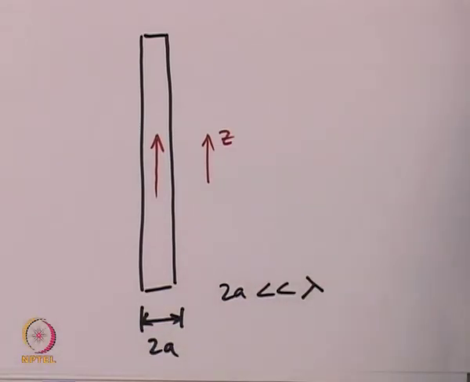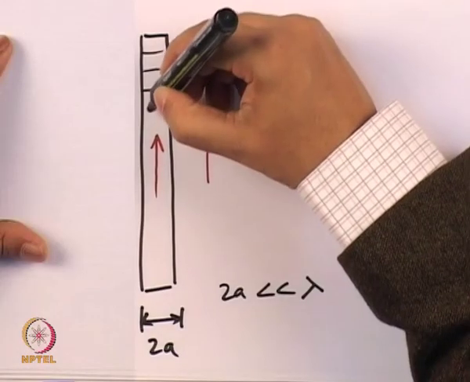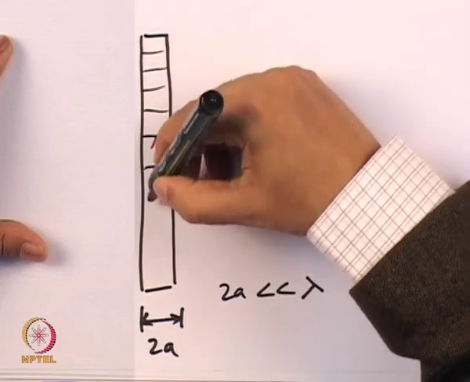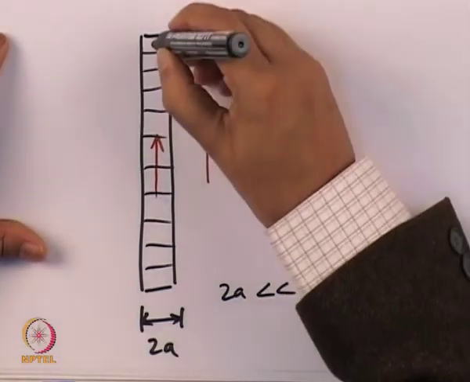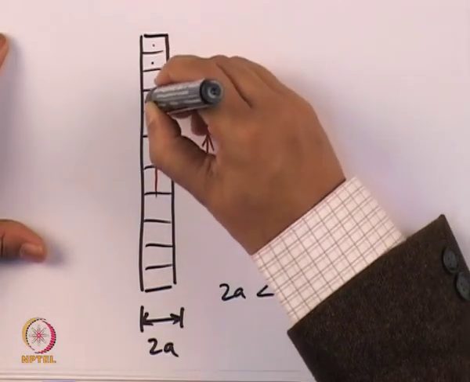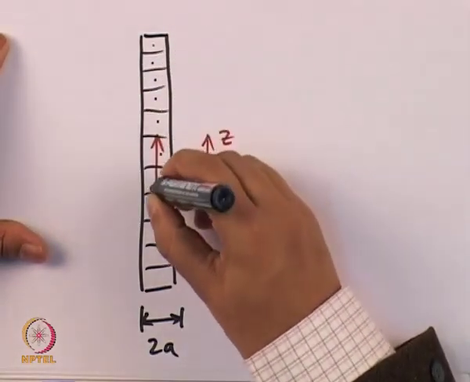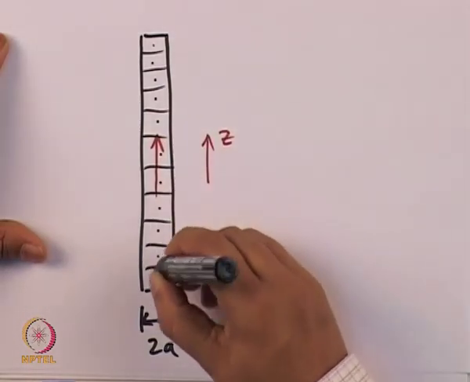We can assume this antenna is decomposed into many small identical elements. So let us say we are splitting it into small elements, and inside these elements there are individual sources that we are going to talk about.